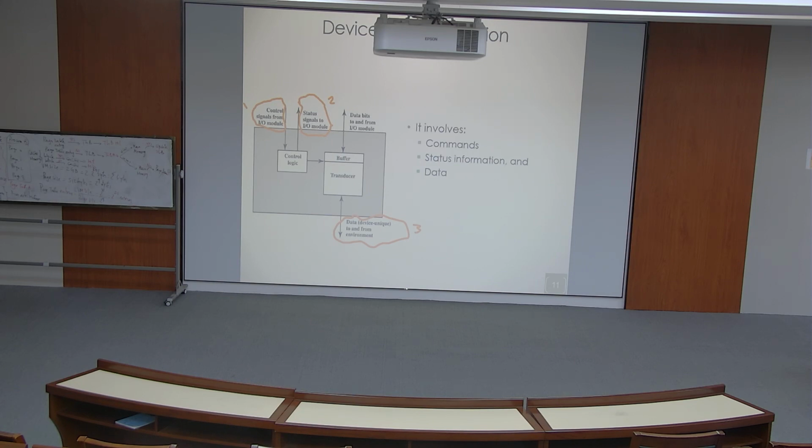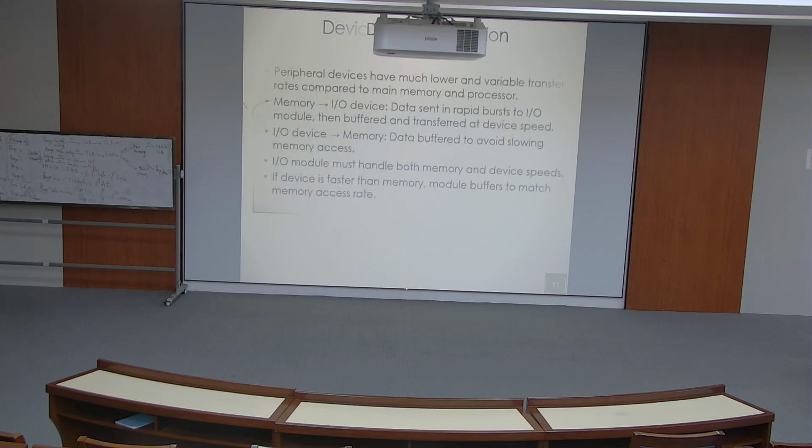This device communication involves commands and status information, as well as data that needs to be transmitted from the device via the input-output module to the processor. Then we have this transducer, which is there to convert electrical signals to other forms of energy in the input-output devices.